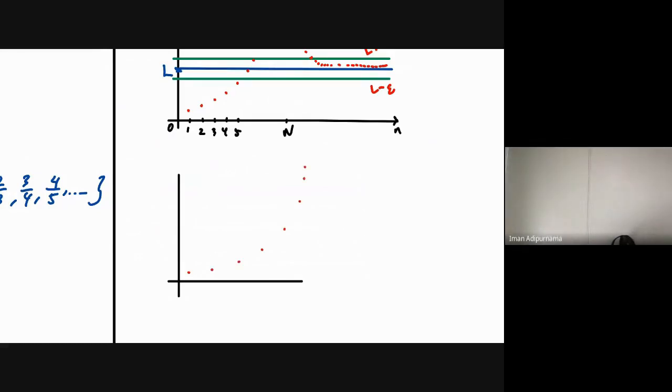Like for example, it's going up, and then we are not sure when the N will stop.